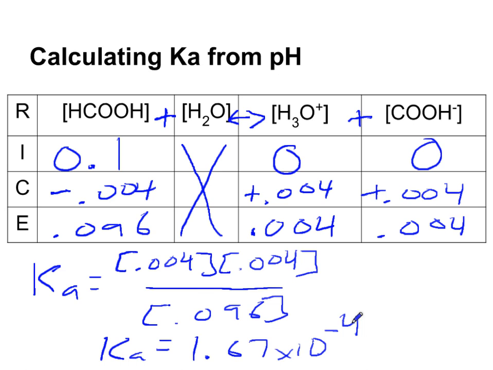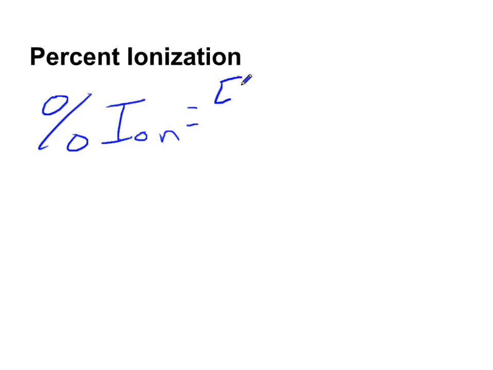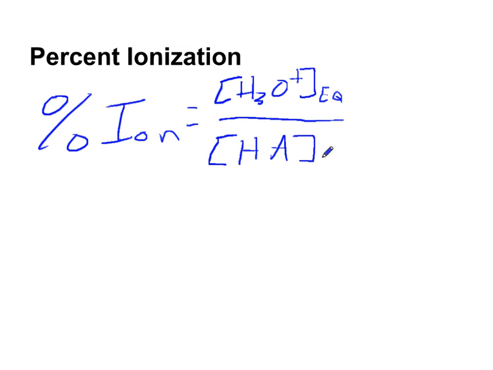So the only new step we had there, it was a typical RICE table, but we had to use pH to find the equilibrium concentration of hydronium, and then work backwards from there to fill in the rest. We can calculate the percent ionization of that weak acid. Percent ionization is calculated by taking the equilibrium concentration of the hydronium ion, dividing it by the initial concentration of the weak acid, multiplying it by 100.